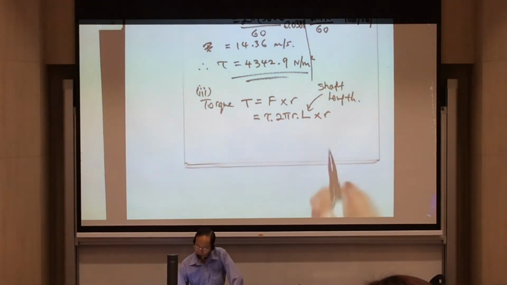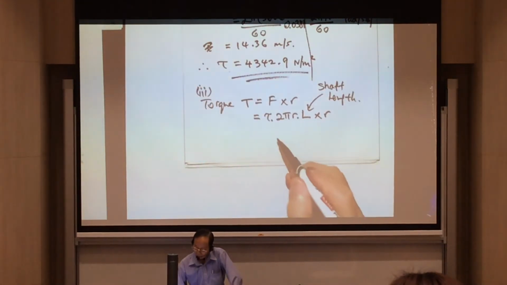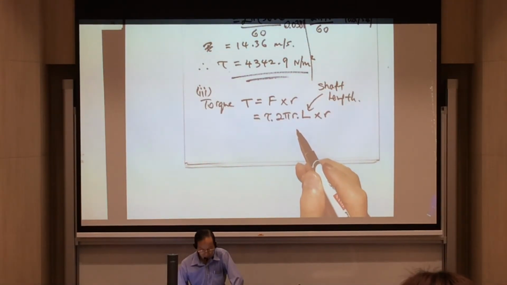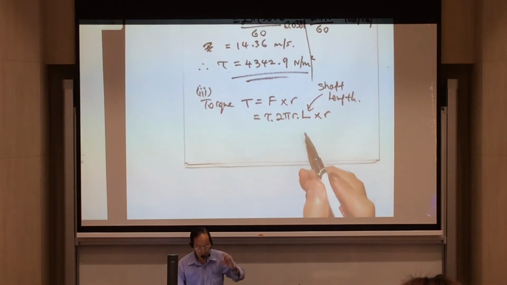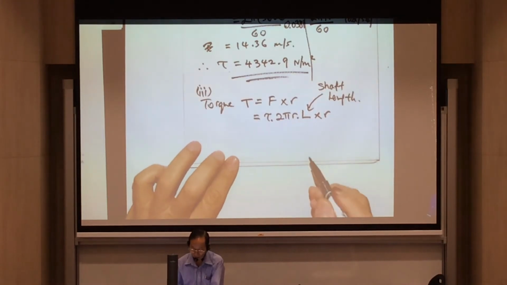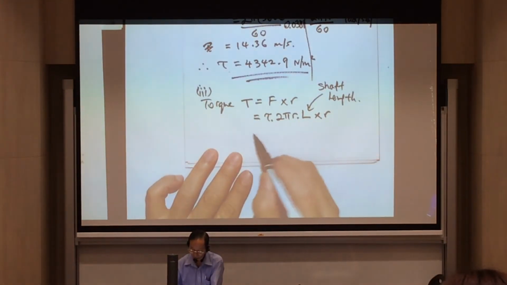You have a tau already, 4342.9. Again, it is at the surface of the shaft, so r becomes a.